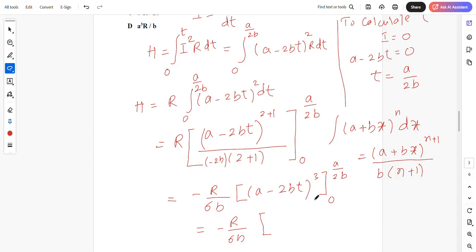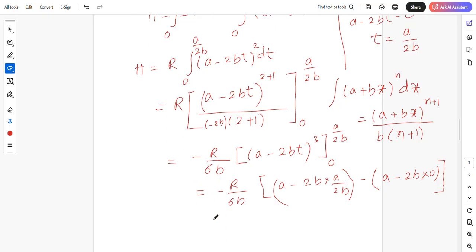If I substitute the value of t here, upper limit ಏನಾಗುತ್ತೆ? Upper limit is a minus 2b into a by 2b ಆಗುತ್ತೆ. Minus of lower limit ಅಂದ್ರೆ ಎಷ್ಟಪ್ಪ? This is upper limit applying. Minus of lower limit, minus of (a minus 2b into 0), right? Upper limit minus lower limit ಇಲ್ಲಿ ಮಾಡಿದ್ದೀನಿ. ಏನಾಗುತ್ತೆ?